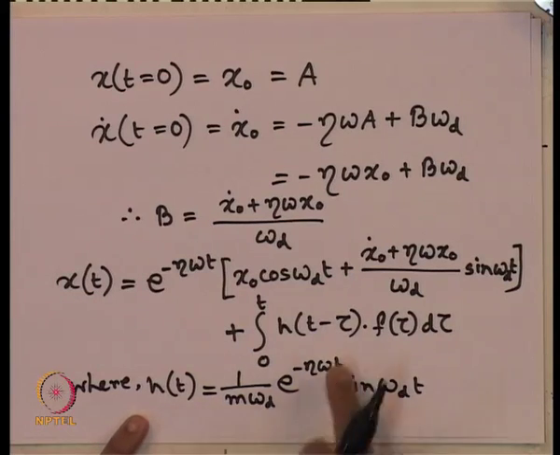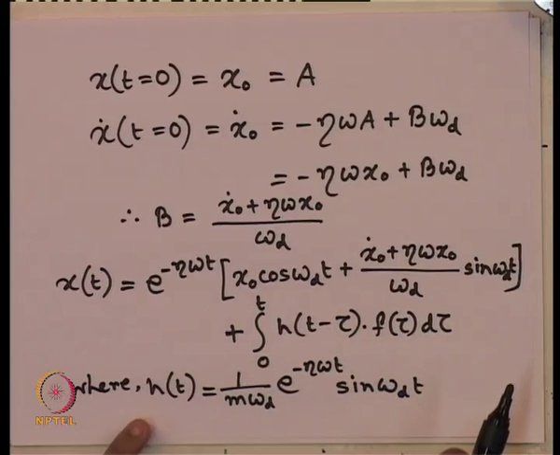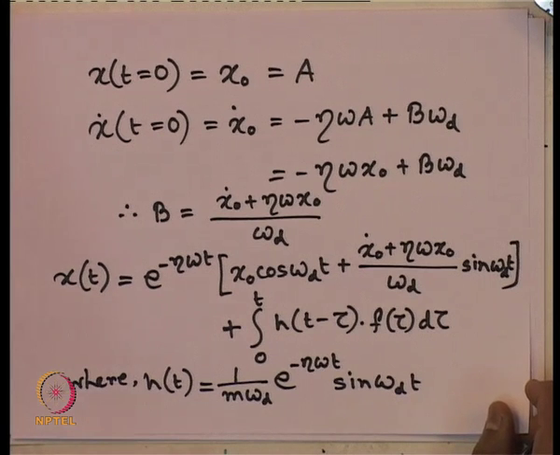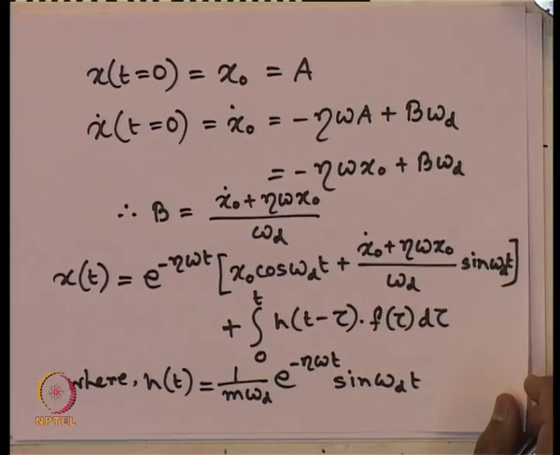So, for h of t minus tau, we can write down the expression here and then we can integrate to get the total result. We can solve this for any arbitrary loading, to find the response of the single degree of freedom system.